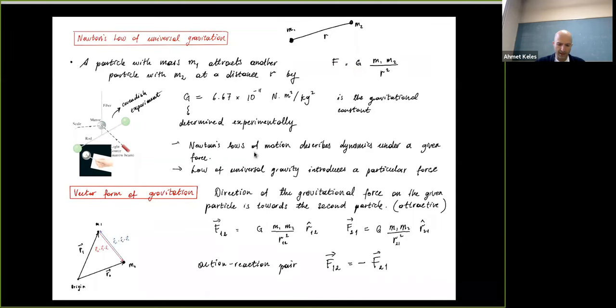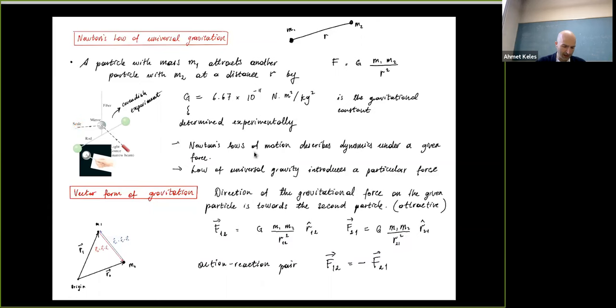About 50 years after Newton published his law of universal gravitation, a guy named Cavendish came up with an experiment like this, which is now known as the Cavendish experiment. Here you can see there's a thin fiber connected to a rod, and there are two masses at the end of the rod. There's also a mirror attached to this fiber, and a laser beam can detect tiny movements of this beam, which is projected to a scale.